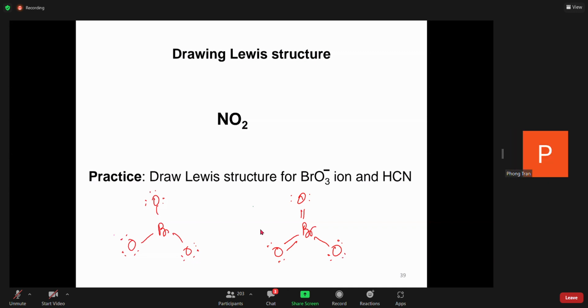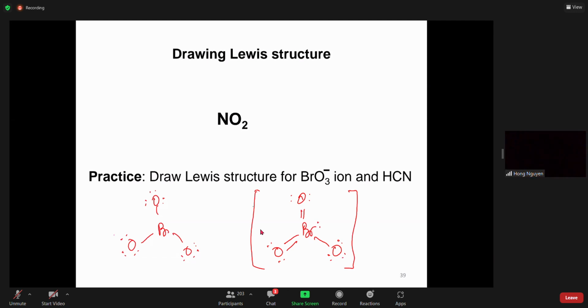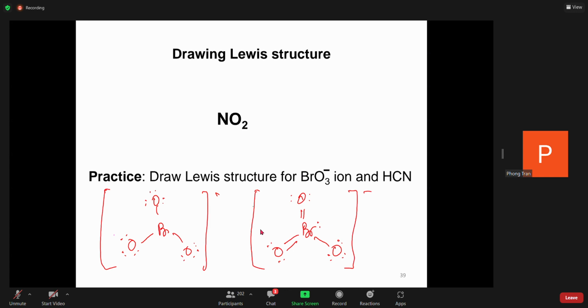Okay. Then you have this one. So you mentioned this structure, right? Okay. Yeah. So which one is more likely?